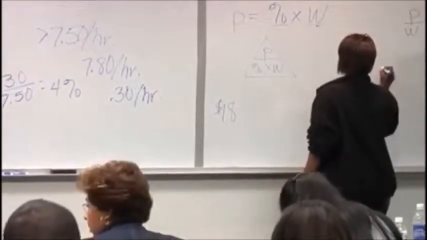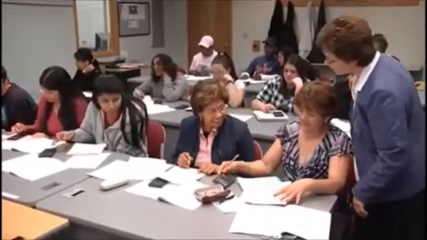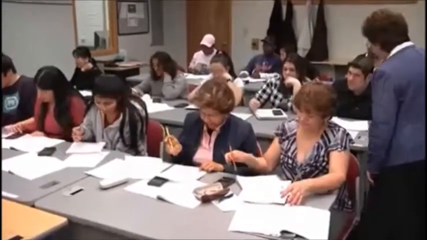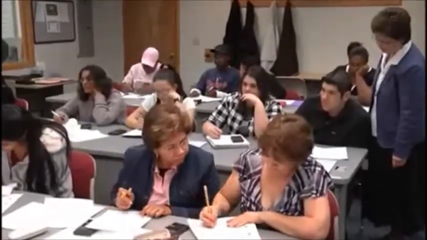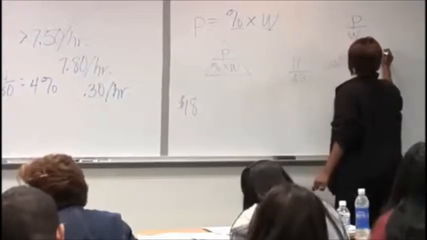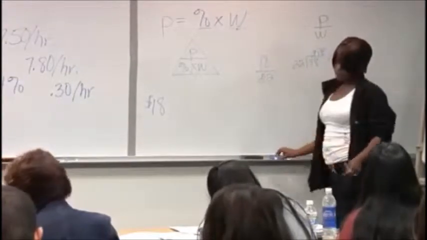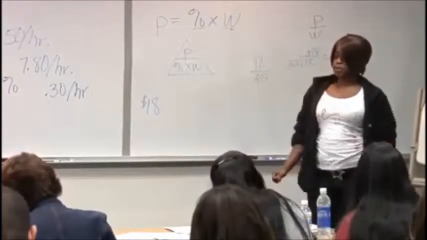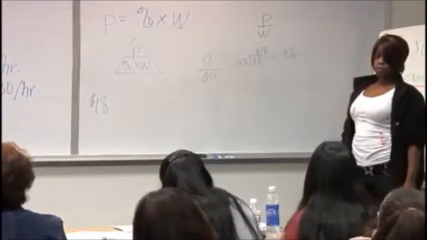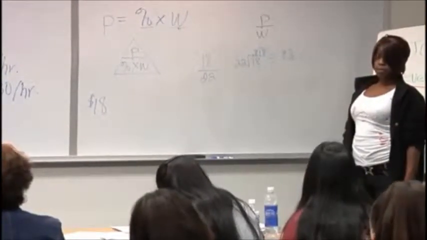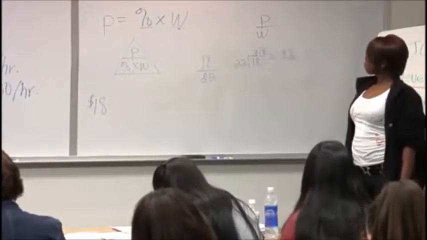Don't use your calculator for this one. You can do that without the calculator. No calculators on number 7. It's 22, not 12. I got 8%. Does that sound reasonable, class? 18 compared to 22.